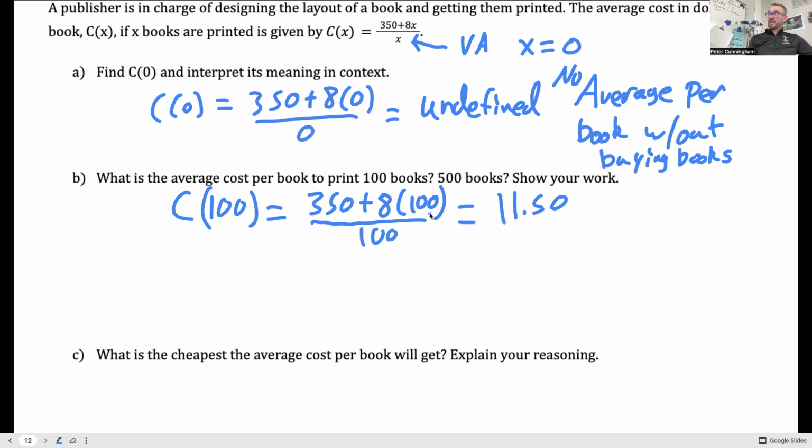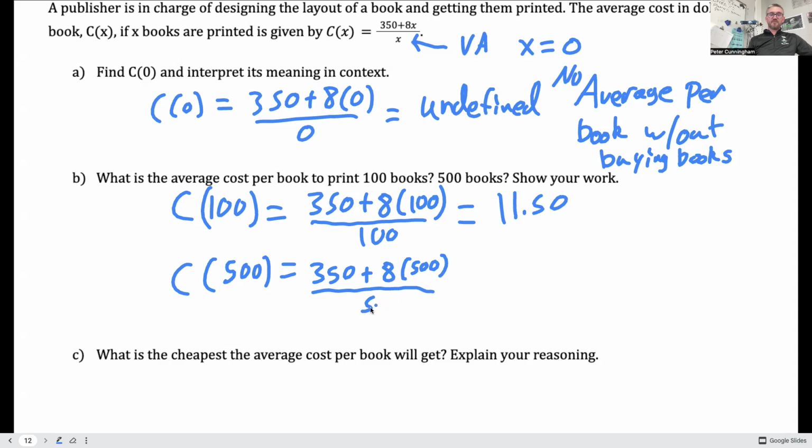Even though the books are $8, we're spreading out that printing cost across those 100 people. So you end up paying $11.50 per book. Now, it makes sense that if we buy more books, that $350 gets spread out across more purchases.